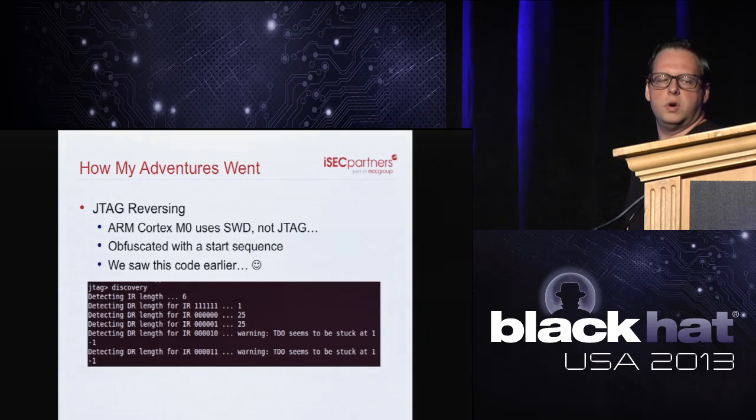The ARM Cortex M0, which is the Cortex family that the LPC 1100 series is based off of, does not support JTAG. It supports SWD, which is basically a 2-wire version of JTAG that ARM developed.